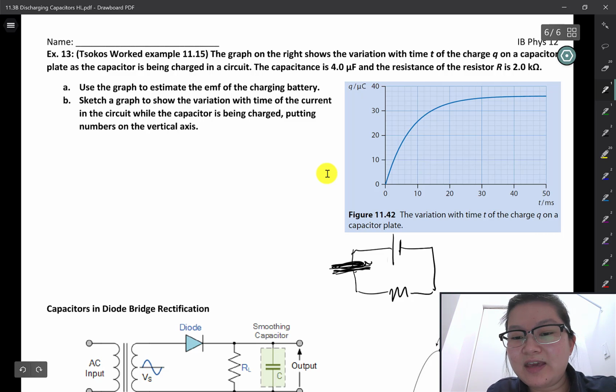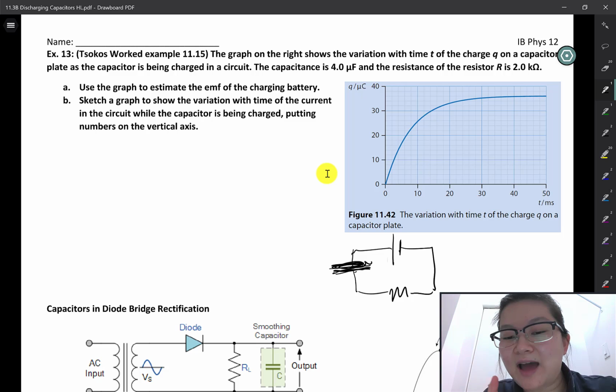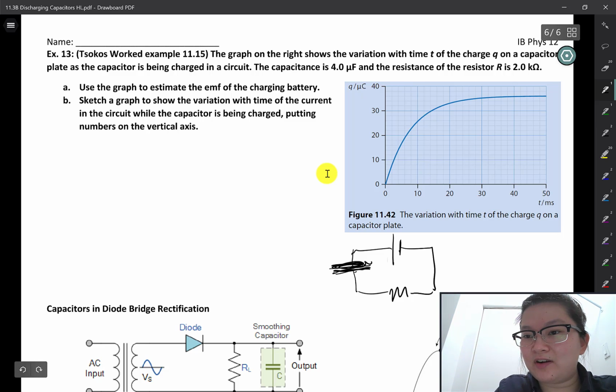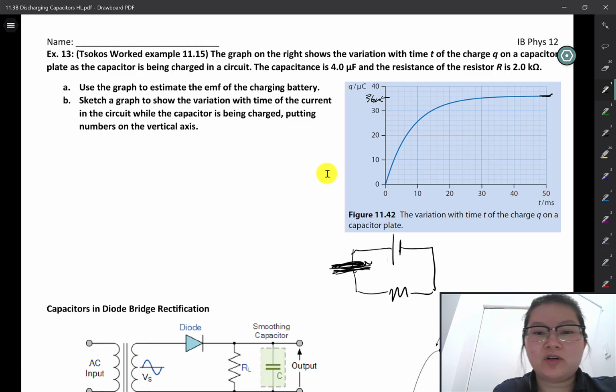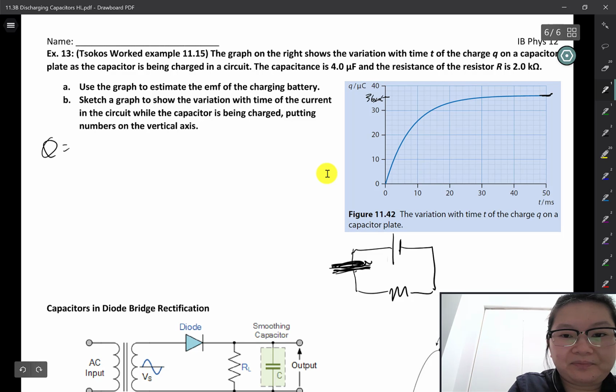So to find that, I need to know the maximum charge stored on my capacitor, the charge at the very end. It looks like this point here, which is 36 microcoulombs. So the maximum charge stored is 36 microcoulombs.